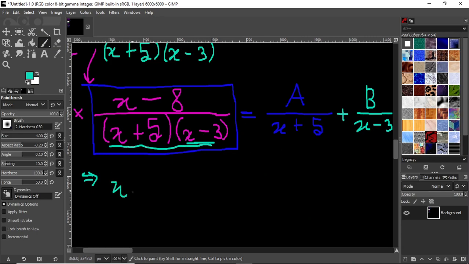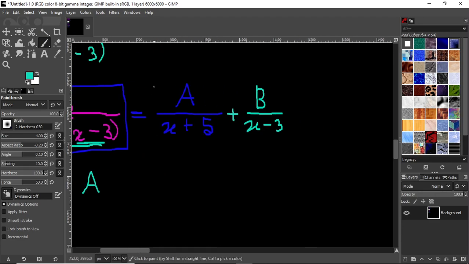So if you do that, we get x minus 8 on this side, and A, so we are multiplying by x plus 5, x minus 3.